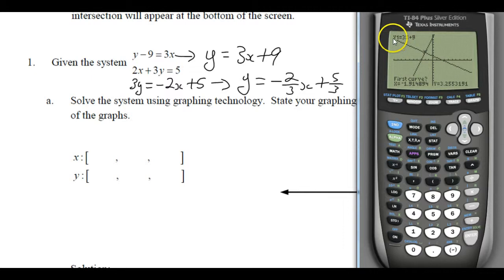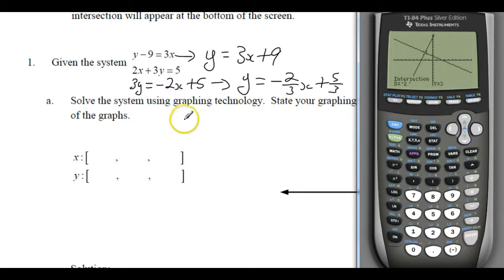When it says first curve, it's at y1, our first curve, right? So we press enter. It says second curve, jumps down to y2, and it's showing you the equation. And again, just press enter. It wants a guess. Now, if you didn't move here, you need to move to this point of intersection. And we press enter. And then we get the intersection, which is at x equals negative 2, y equals 3.